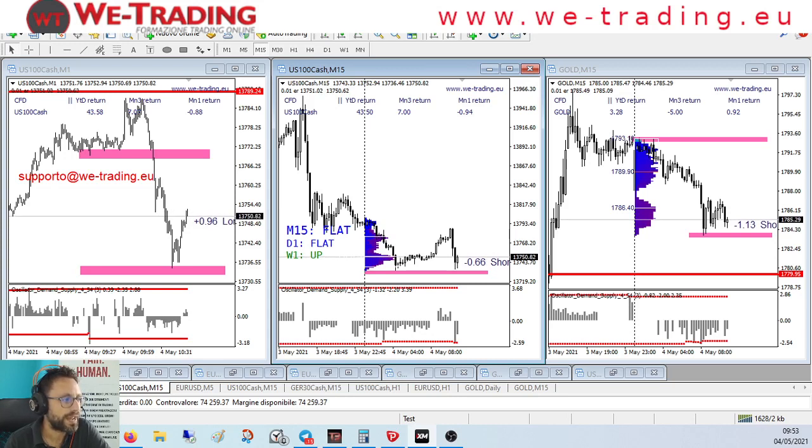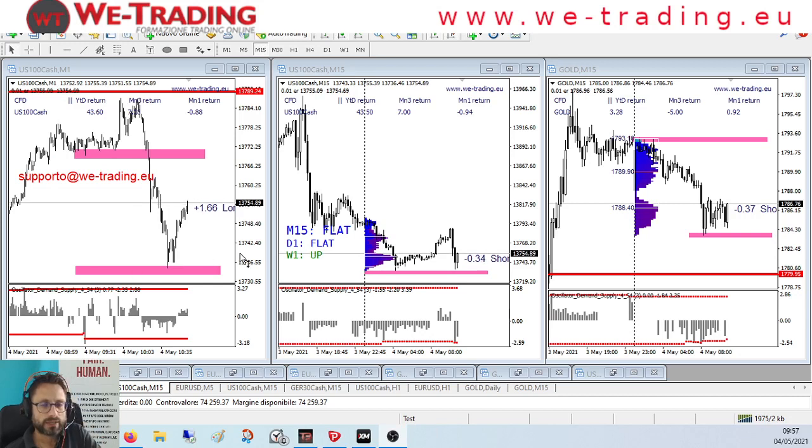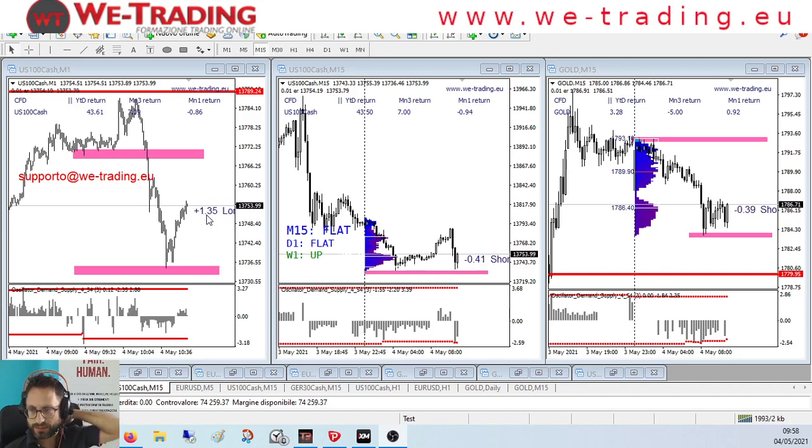Now we will wait for a top, and we will start to sell the Nasdaq. Okay, as you can see, prices are near +2, and we need to wait for a better price.